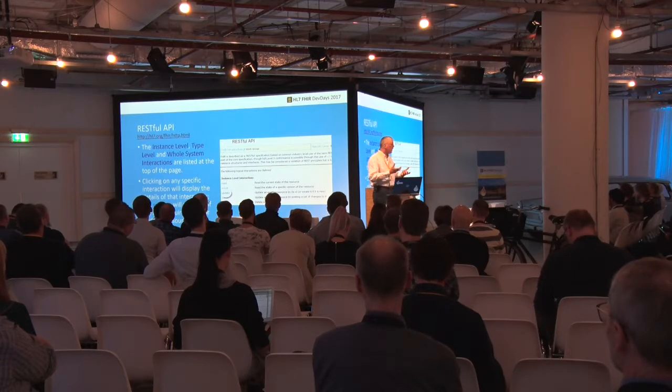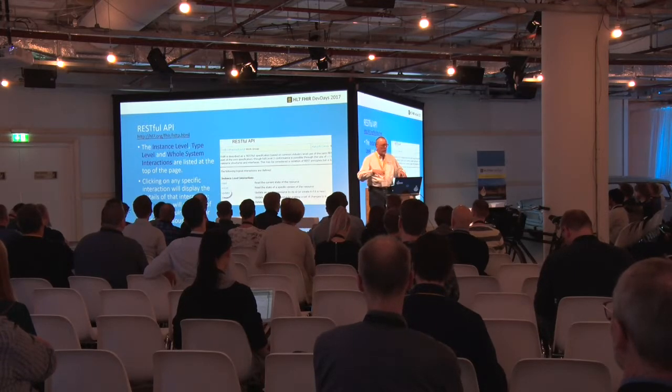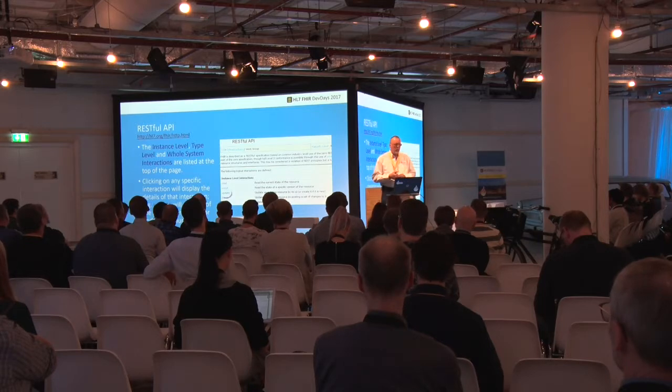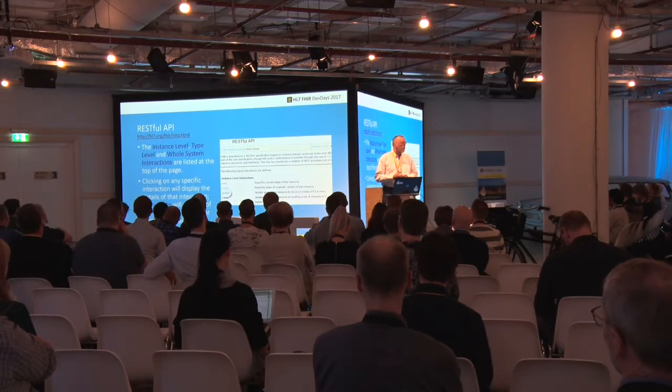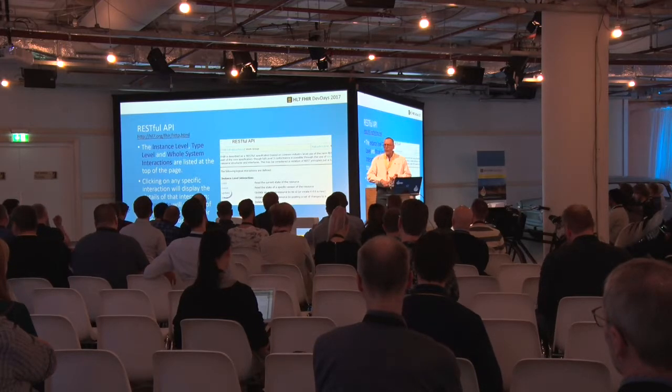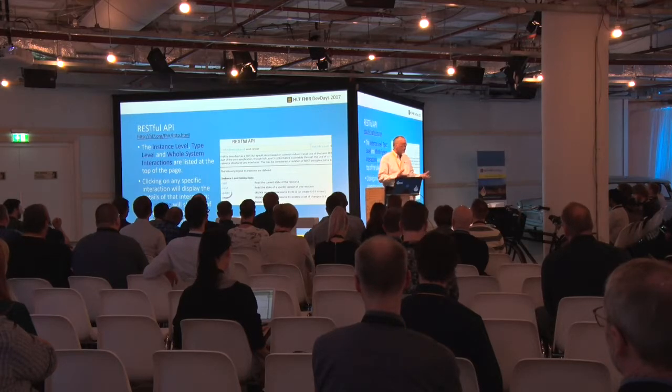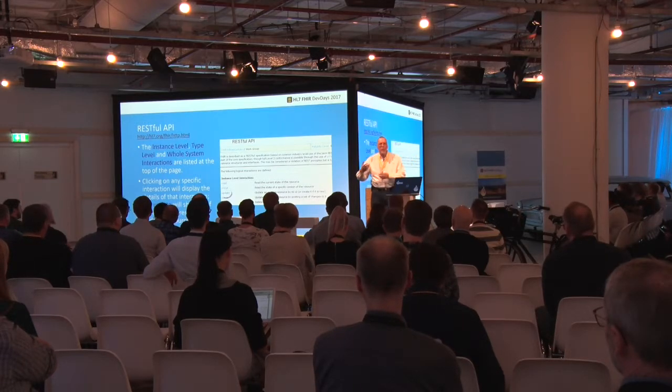Everything is linked here, so you just click on it, and it will drill down into the specification for that. Like update, it'll show you all the requirements that you as a developer need to know when you're building your client or your server to be compliant with the FHIR specification. What HTTP response codes are required based on certain conditions, what HTTP headers, what's the payload, and so on.